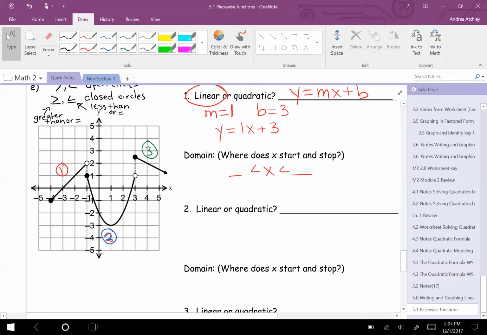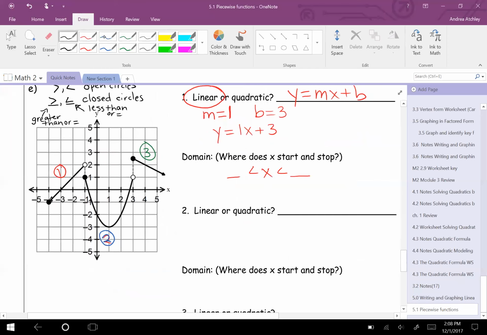So for the domain here, we need to look at the x values. So I kind of just draw a line where my point starts. And you see right here is where my line ends. So I'm going to draw a vertical line down. And I just want to see the x values there. So what is my x value here, class? -4.